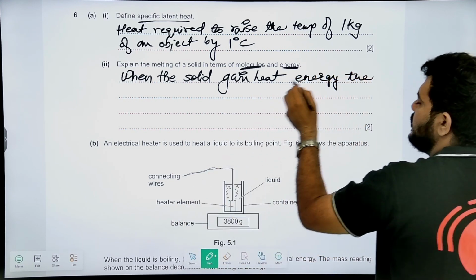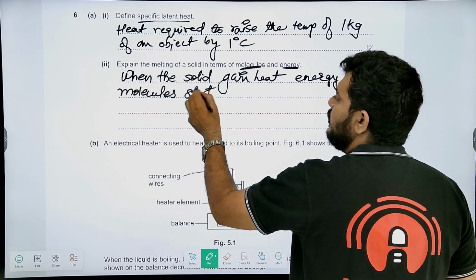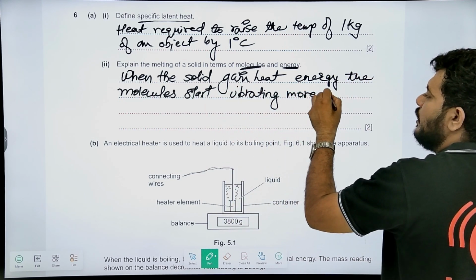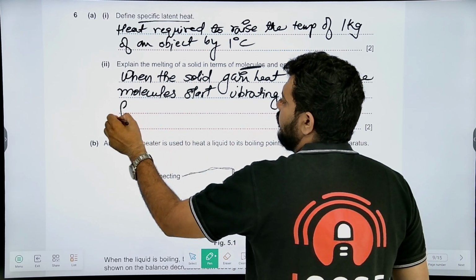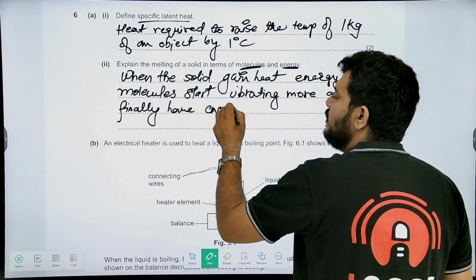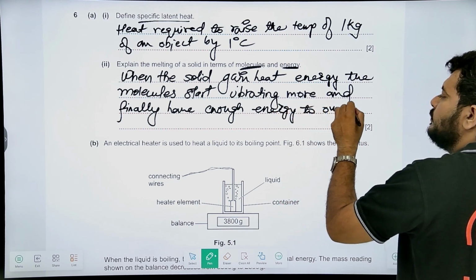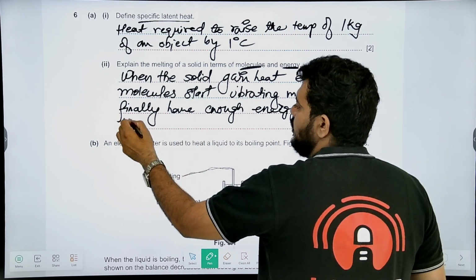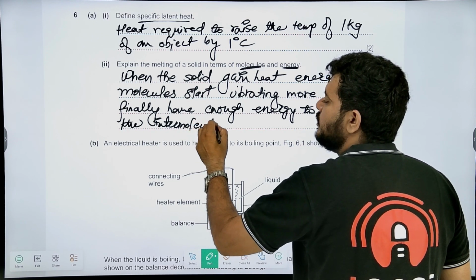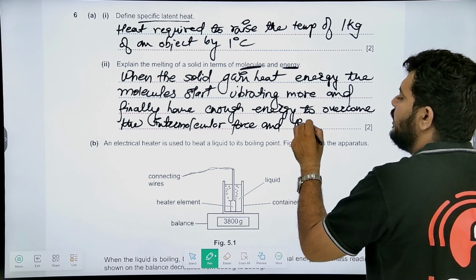The molecules start vibrating more and finally have enough energy to overcome the intermolecular force and the solid melts.